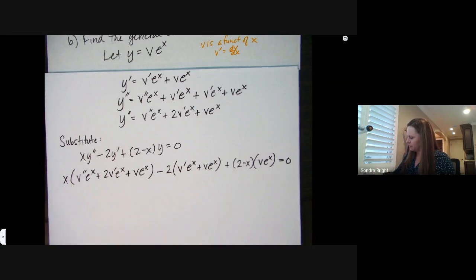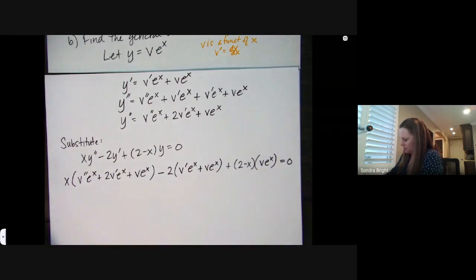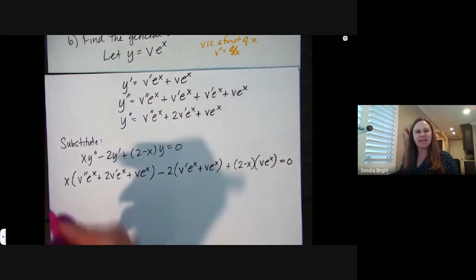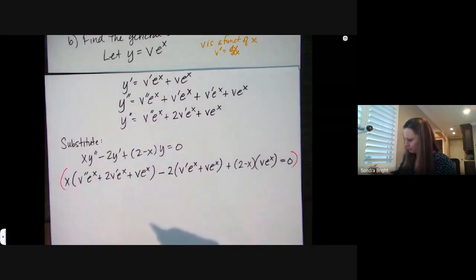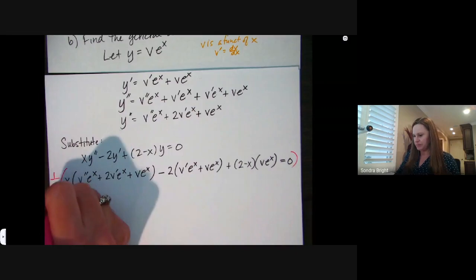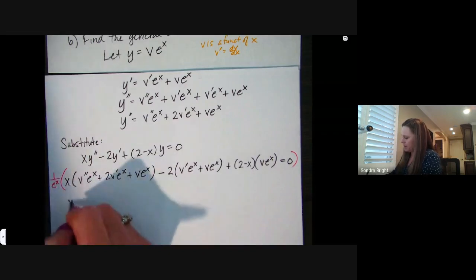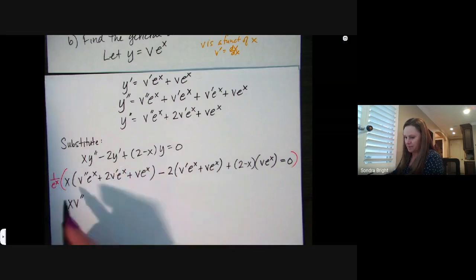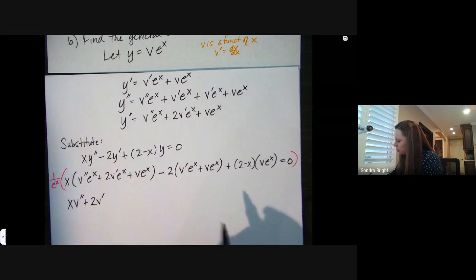And so what I notice, first of all, is that there's an e to the x in common to every term. So I'm going to take this whole thing, both sides of the equation, and divide it by e to the x. And so then I would be left with an x v double prime here, plus 2v prime times x. Don't forget to distribute.